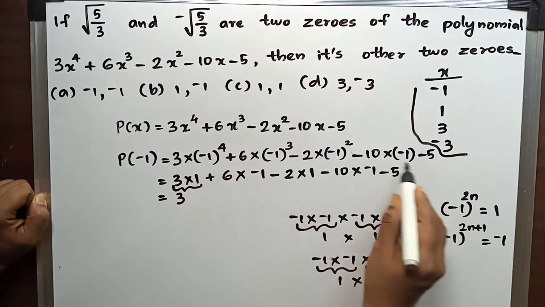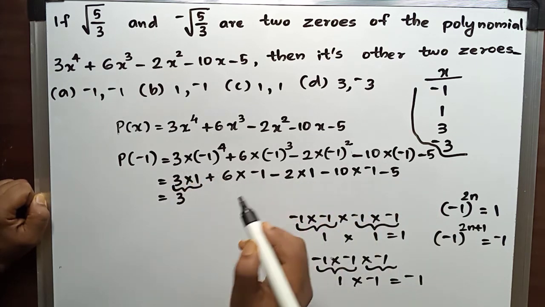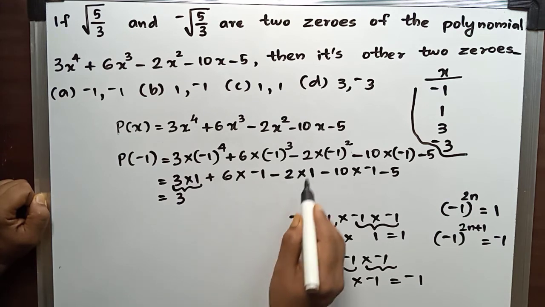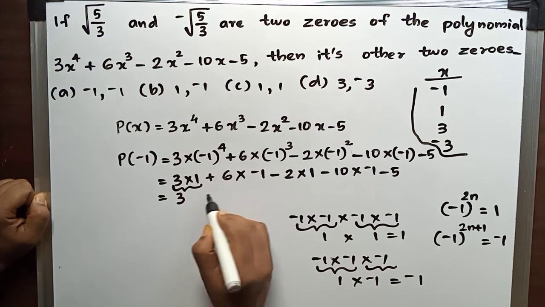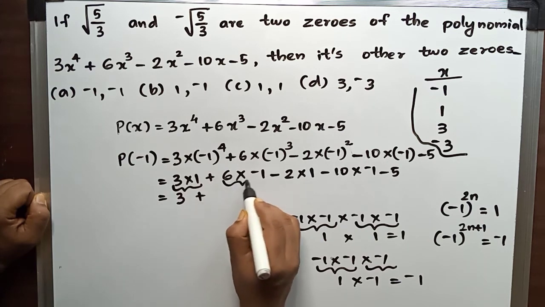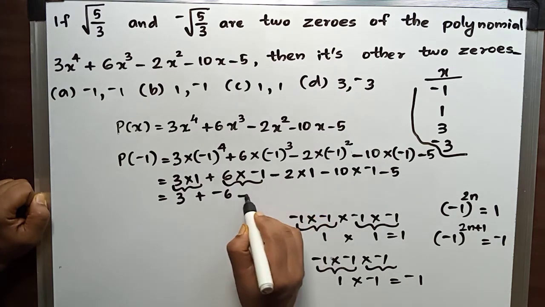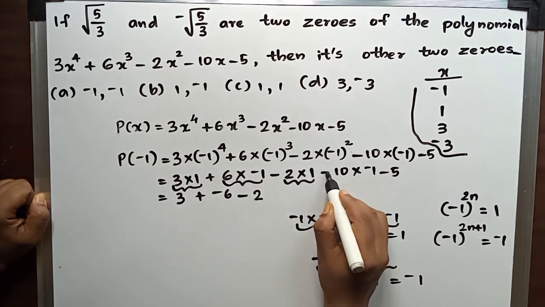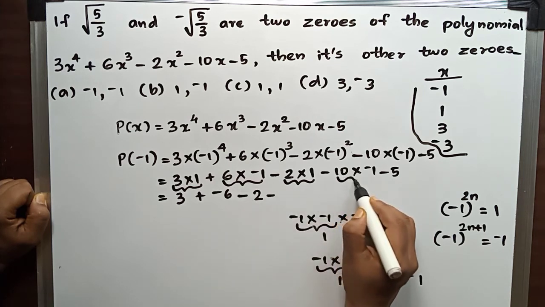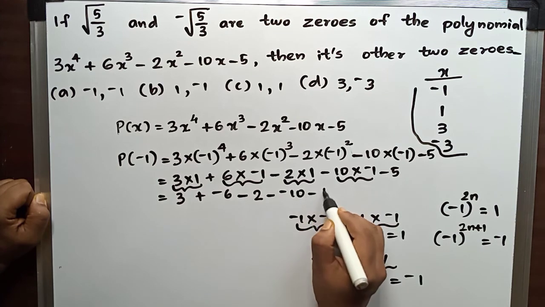Anyways, when we get an expression like this, first we have to do the multiplication, then thereafter addition and subtraction. So 3 into 1 is 3, plus 6 into minus 1 is minus 6, minus 2 into 1 is 2, minus 10 into minus 1 is minus 10, minus 5.